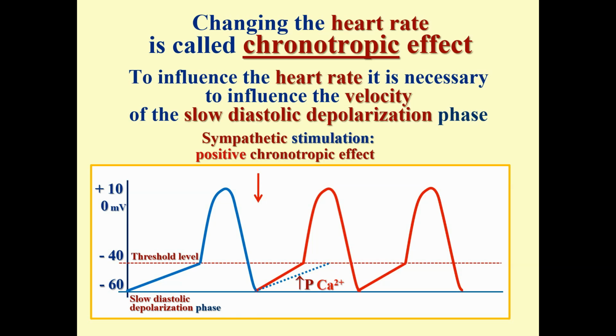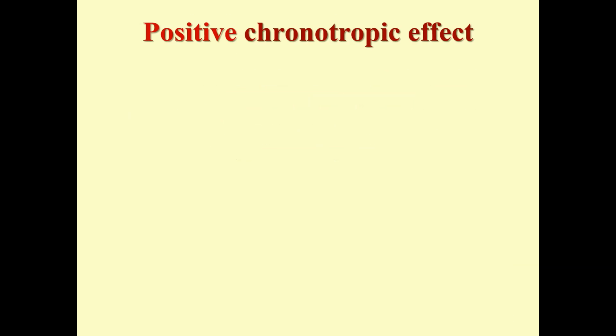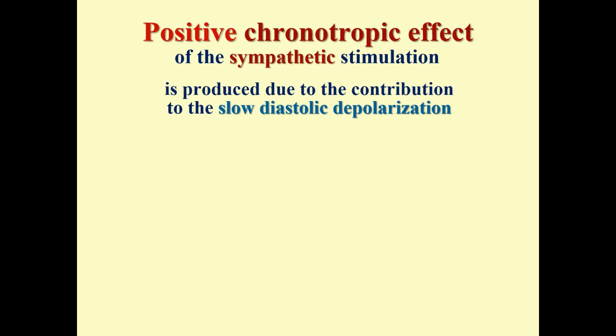And more calcium ions enter the cells, and with its two positive charges, it increases the velocity of reaching the threshold. And so we can see a higher number of impulses per time unit and higher heart rate. Then it's a positive chronotropic effect. We need to understand the mechanism. So again, practically everything was said, but now let it be written.